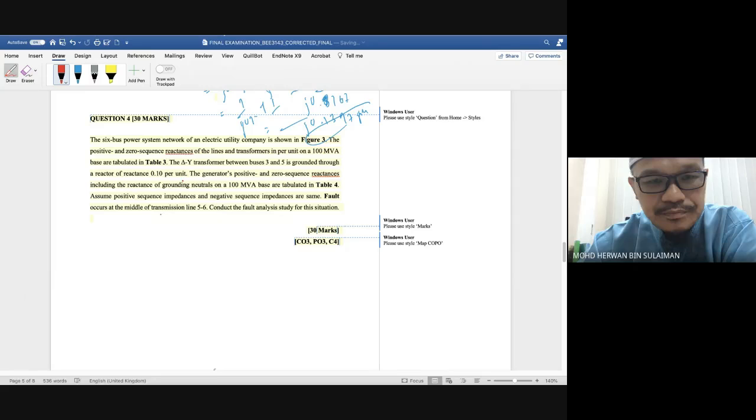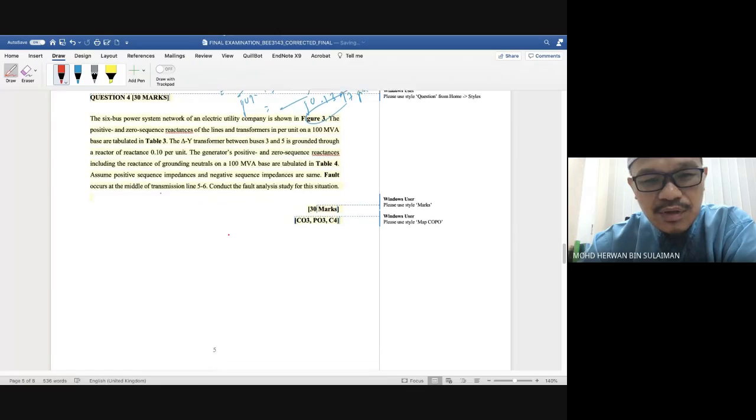The generator's positive and zero sequence reactances, including the reactance of grounding neutral, 100 MVA, are tabulated in table 4. Assume positive sequence impedance and negative sequence impedance are the same. Fault occurs at middle of transmission line 5 and 6. Conduct the analysis, fault analysis.